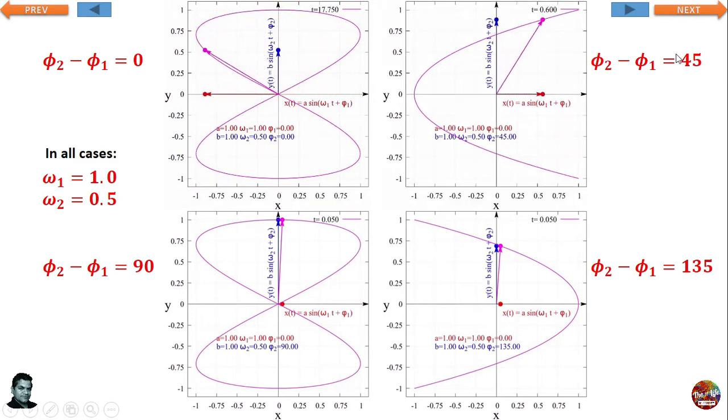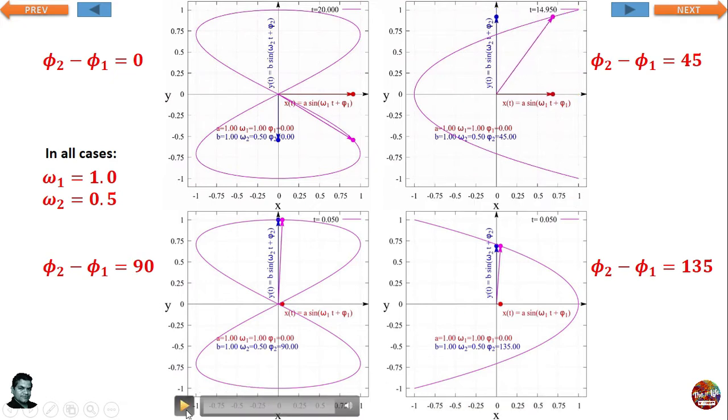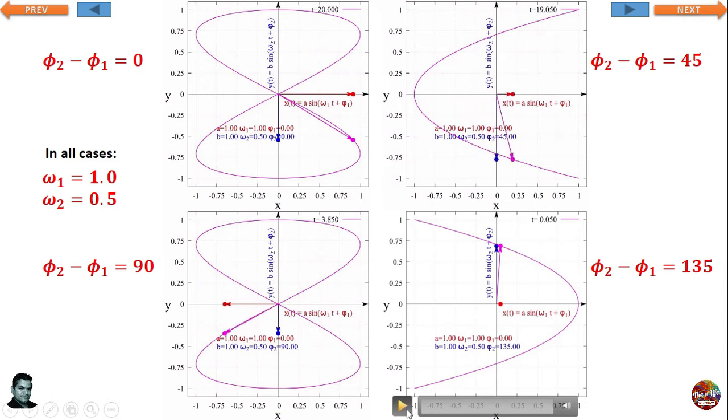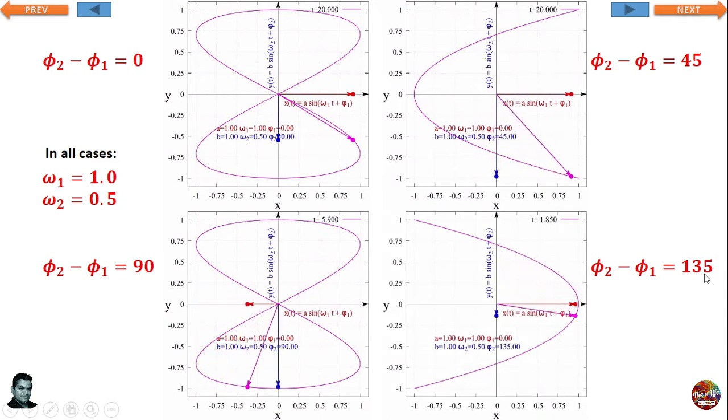So this is the resultant movement of the mass. Similarly, when the phase difference is 45 degrees, the path is not closed and the resultant path of this coupled oscillator looks like this. Similarly, when the phase difference is 90, this is the resultant path, and when the phase difference is 135 degrees or 3 pi by 4, the path is like this.